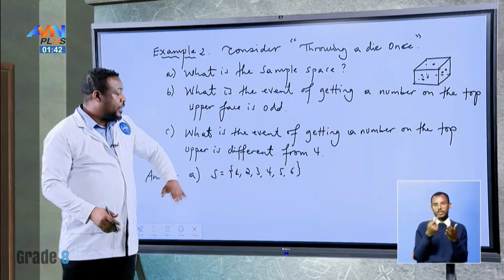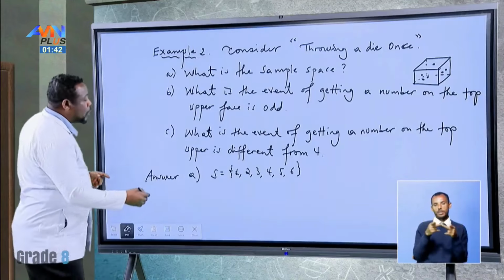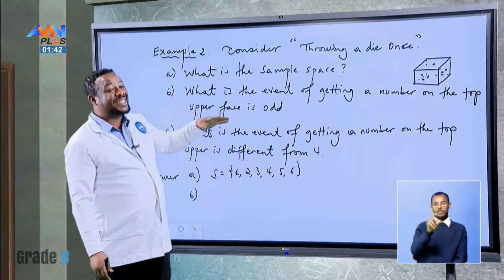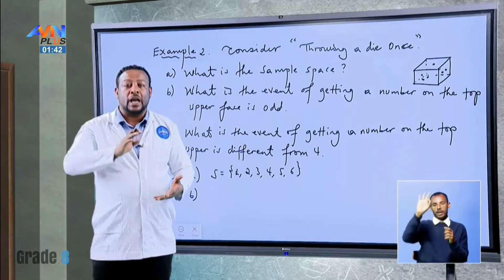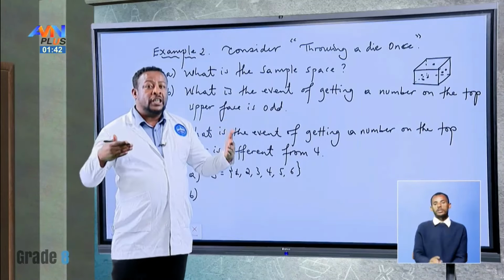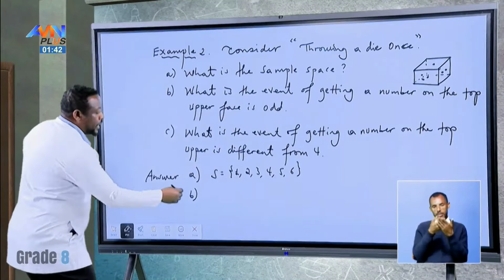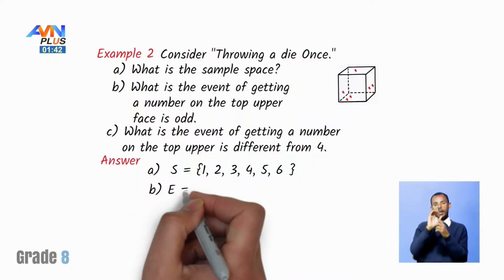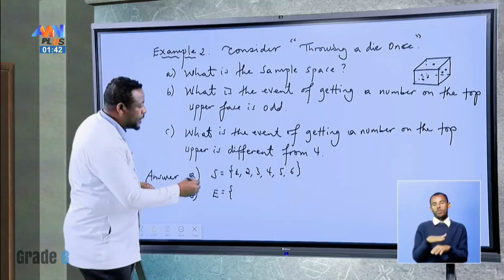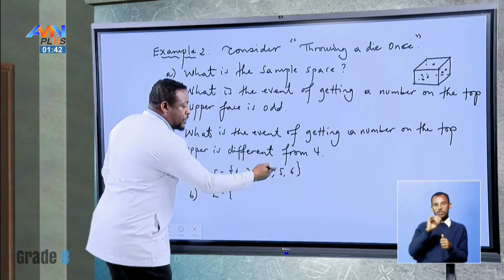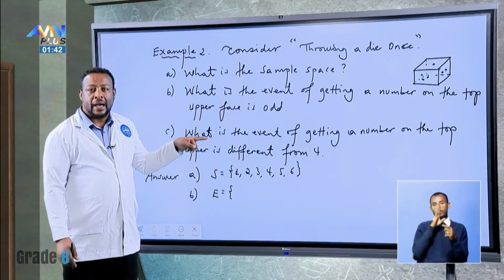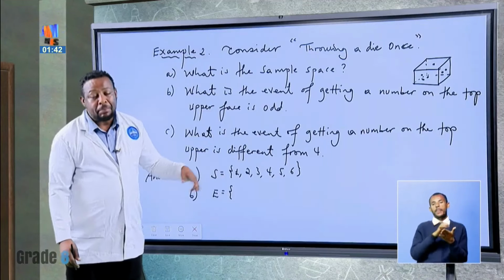The second one is B, where we are asked to list the event of getting a number on the upper face that is odd. The favorable condition in the case of B is an event containing the numbers on top which are odd: 1, 3, 5. Your event cannot contain elements outside of the sample space.